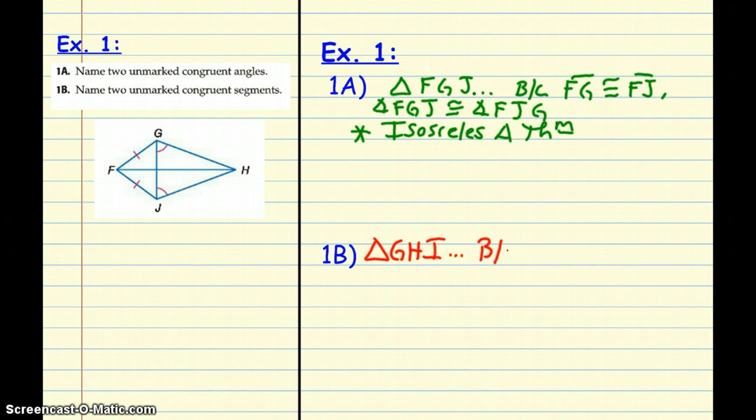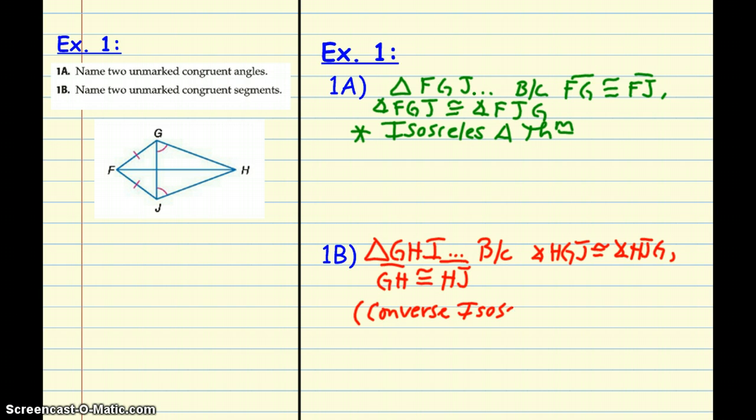Because we're told that angle HGJ is congruent to angle HJG, we know that side GH is congruent to side HJ. And that's because of the converse isosceles triangle theorem. Again, very straightforward.